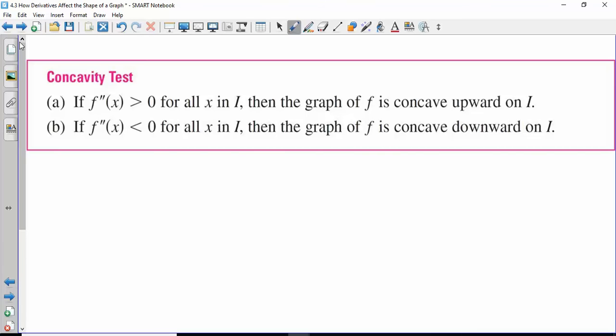So, I remember the order I put all this stuff in here. Okay. So the concavity test, that's the little box we're going to fill in. If the second derivative is positive, that's concave up.